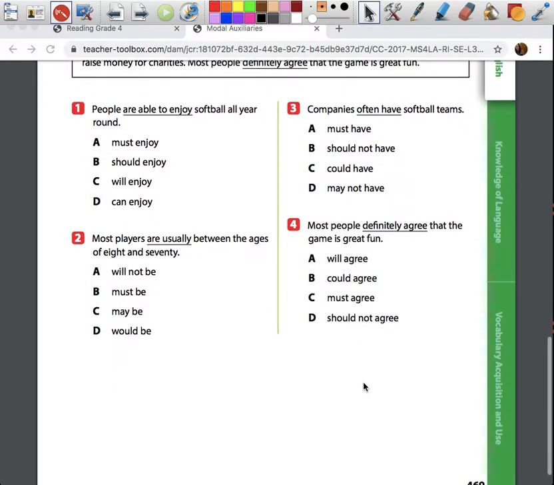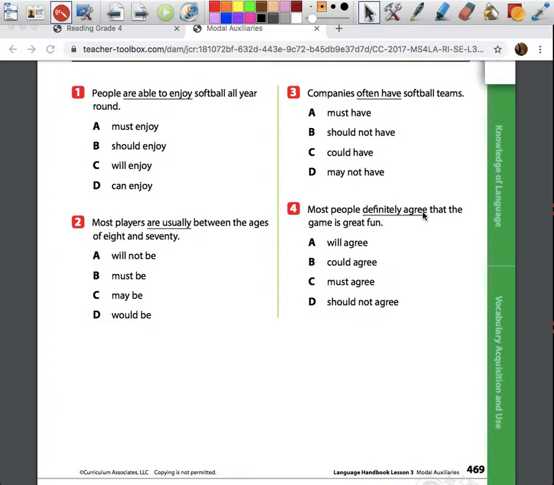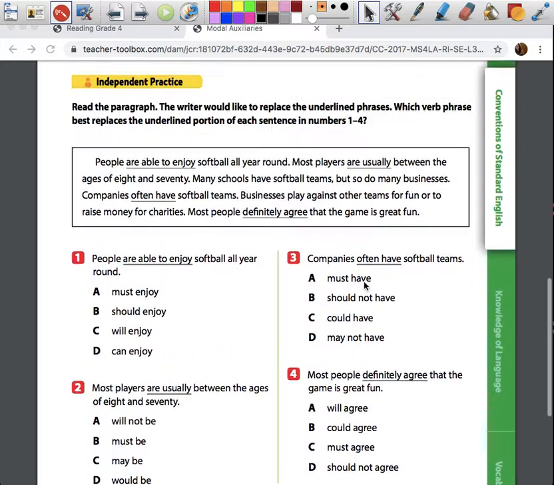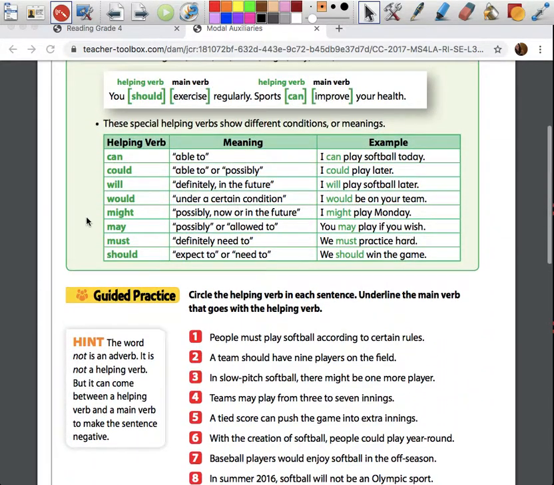And then the last one, most people definitely agree that the game is great fun. Okay, we know that agree is my main verb. Definitely, we've got to find a synonym. Which one of these means definitely? And we have will and must.